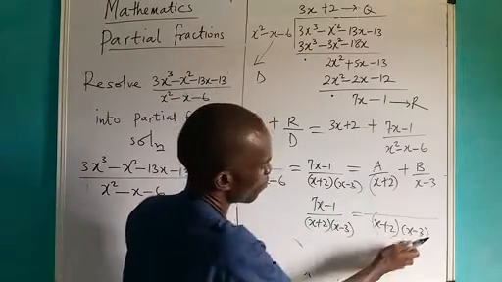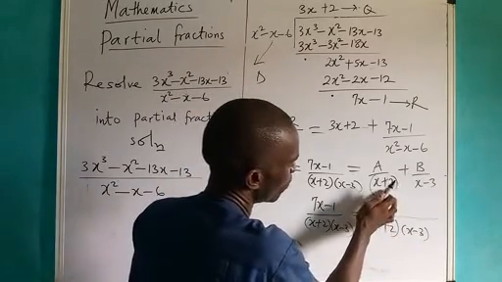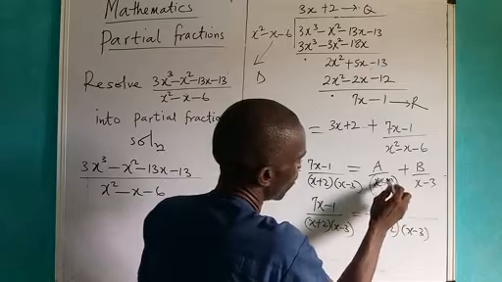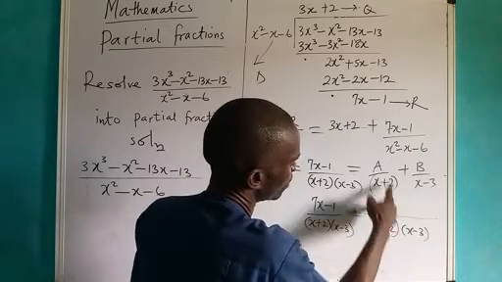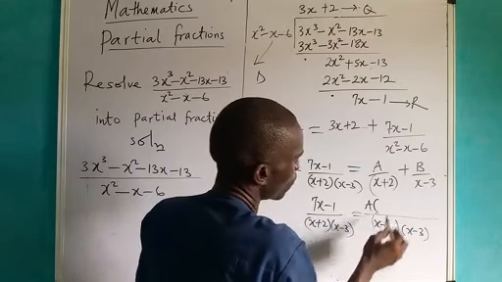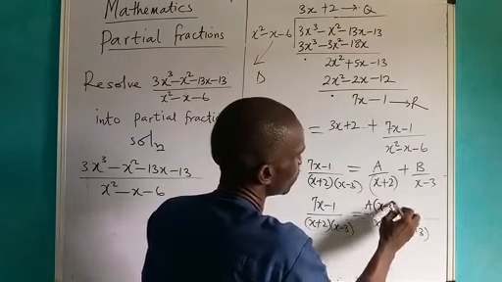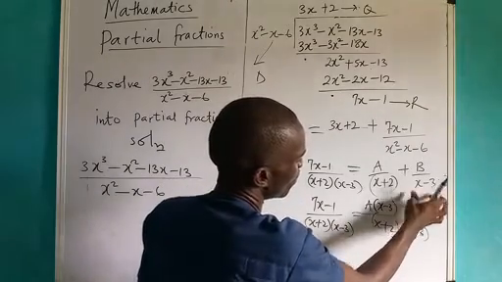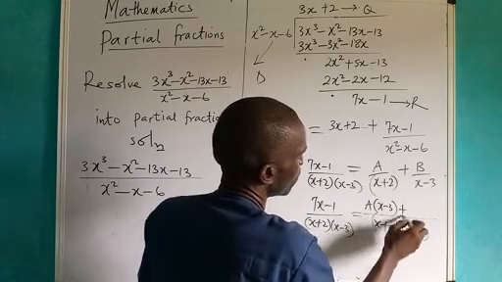Whatsoever I have, I will be left with this when I divide, times it by this one, multiplying this one becomes A open bracket s minus 3. This one will also divide here, left with this, times this one, becomes what?